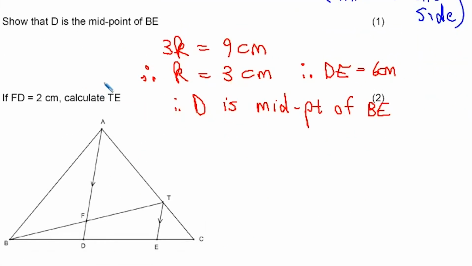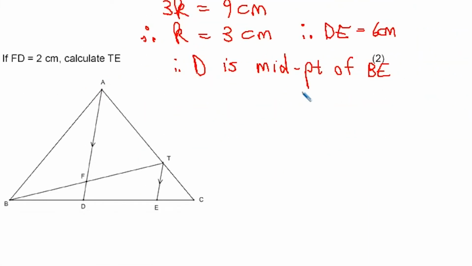Next up, it says if FD is equal to 2. Now FD is this line over here. We know that this is 6, and we know that this is 6. These are actual lengths. Now the question is asking, what's the length of TE?